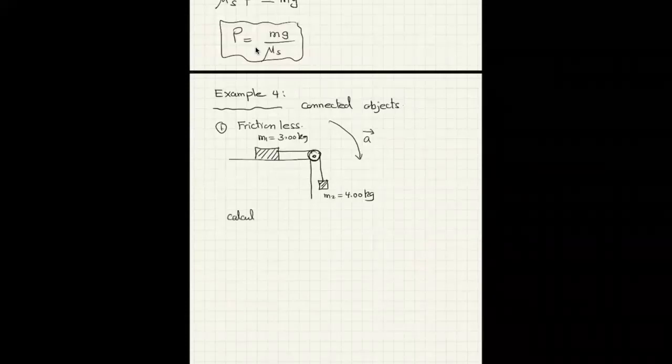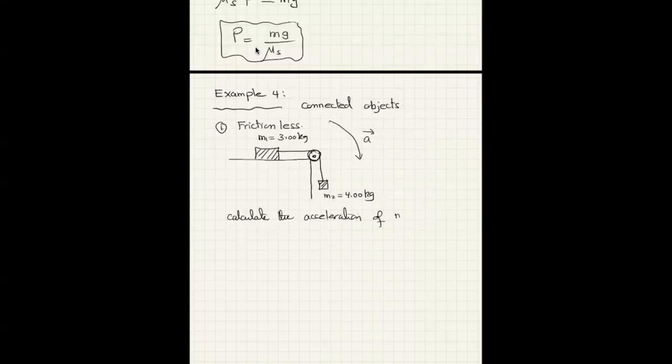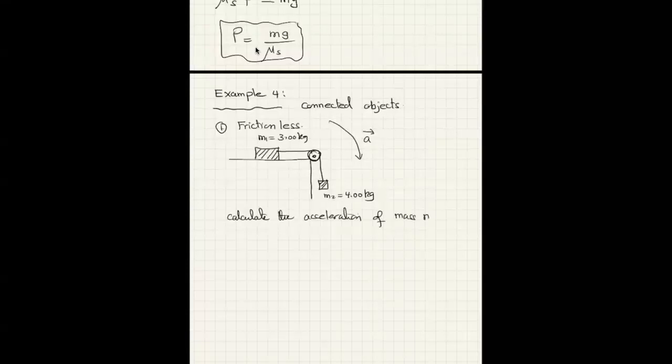Now, what I need here is to calculate the acceleration. Sometimes they might say of mass 2, or they will say calculate the acceleration of the system, because remember, these are two connected masses. They are going to accelerate with the same acceleration.